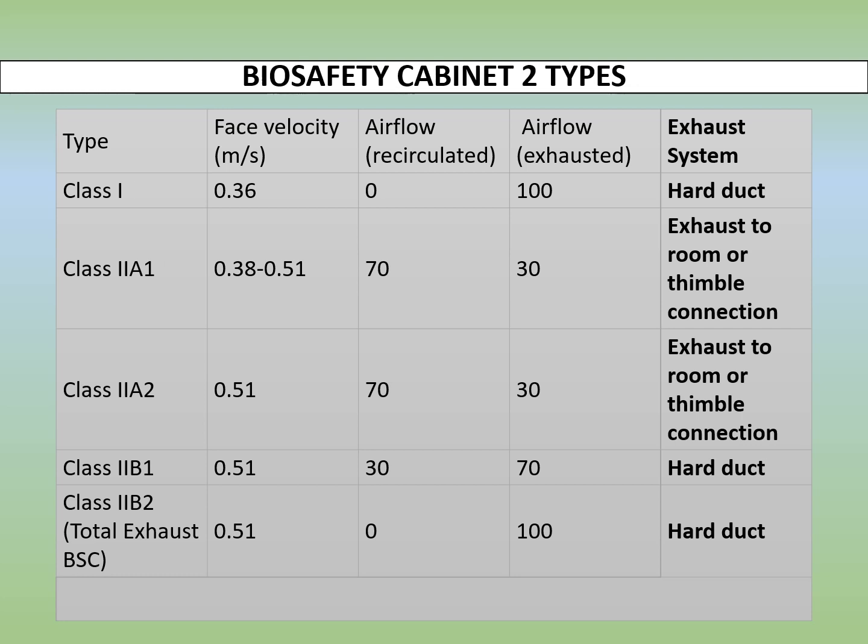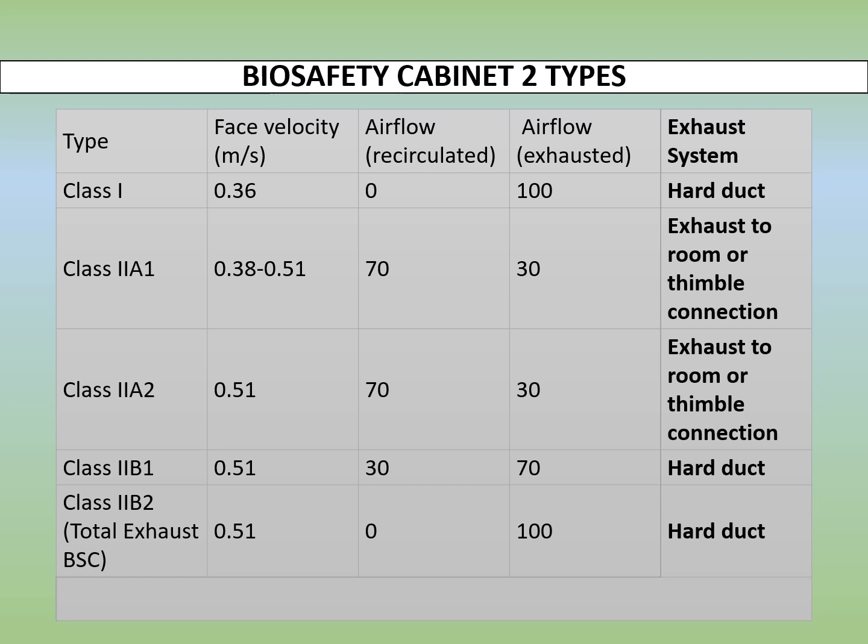So the A types are suitable for research in the absence of any volatile or toxic chemicals, since the air is recirculated within the cabinet, and HEPA filters are poor in dealing with volatile compounds.